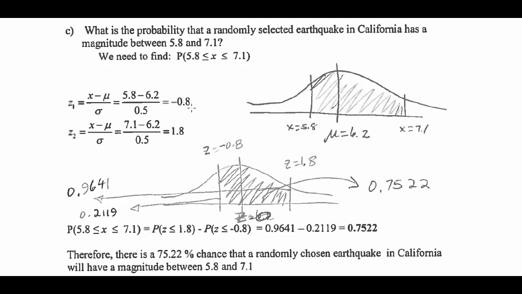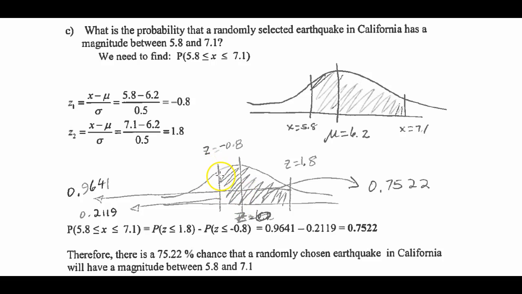I should be using two places after the decimal, but this works out anyway. 0.80. And 7.1 corresponds to a z-score of 1.80. Again, I should be using two decimals. All right, so I redraw my distribution, this time from the perspective of the standard normal distribution, where I'm talking about z-scores. Here's the center at 0.